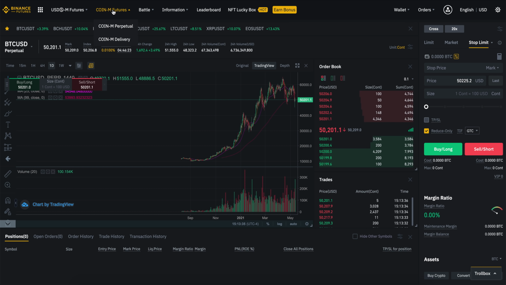You're going to click here where it says derivatives, and let's just go to USDM futures. And before you have an account set up, it's going to have a little button that says open account. Okay, open account. And if you have an affiliate code, you would put that affiliate code there.